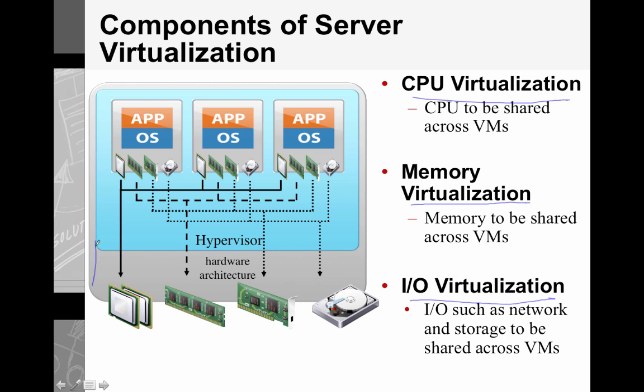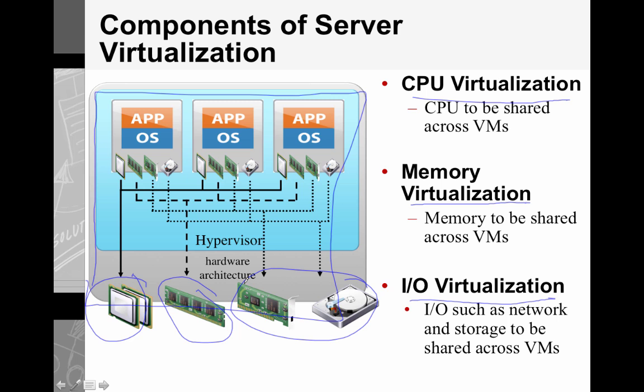Because if you really think about it, when you take a physical server, there is the CPU, there is the memory, and there are the I/O devices. These are the resources that need to be shared across the various virtual machines that may be running their own operating systems. As you can see, the CPU is being shared, or time sliced, across the different VMs.